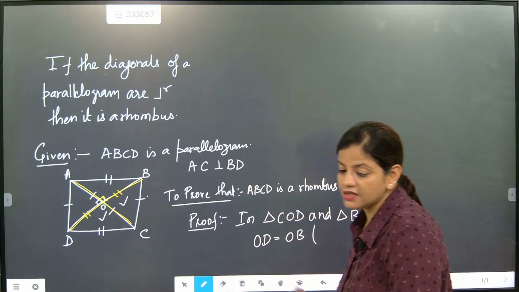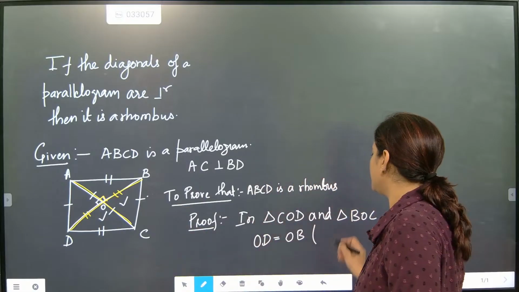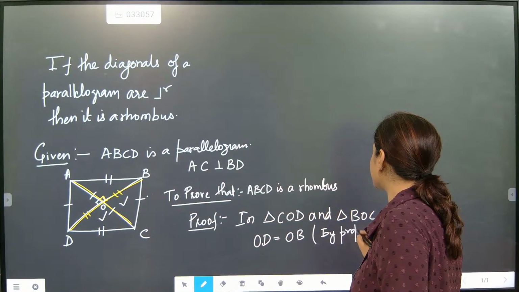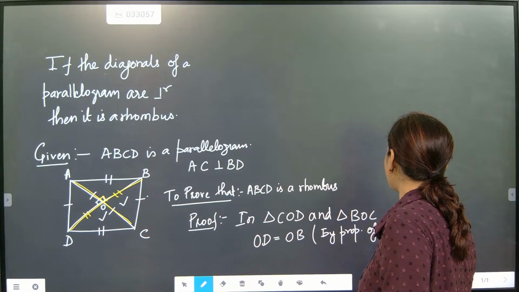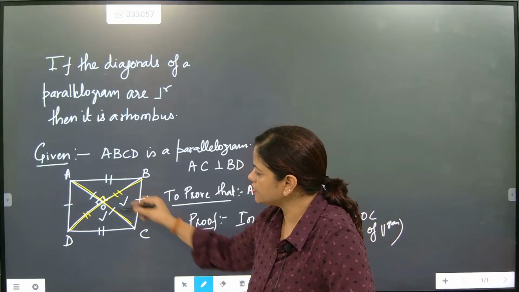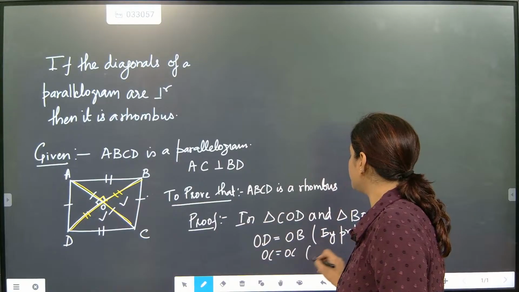Why? The diagonals are bisecting each other, so they will be equal, by property of parallelogram. Second, OC is equal to OC, common.